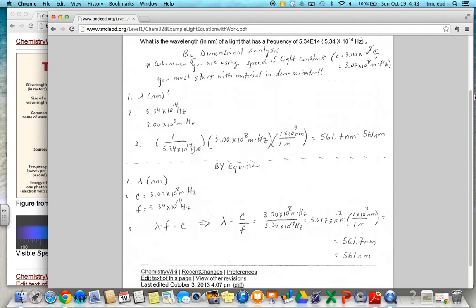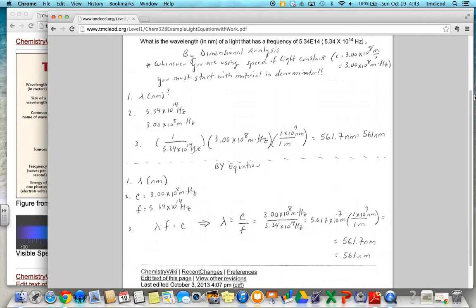By equation, you do the same exact thing, except you know what you're looking for. The equation is wavelength times frequency is equal to the speed of light constant. So you then manipulate the equation to get wavelength is equal to speed of light over frequency.